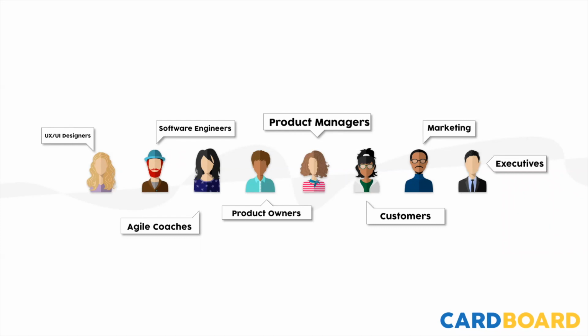UX and UI designers also have a stake in the product and in making sure that the UI and the user experience is what customers will appreciate. Product owners too. Product owners are often the ones who bridge the gap between the UX designers, the business outcomes that are needed, and the development teams themselves.